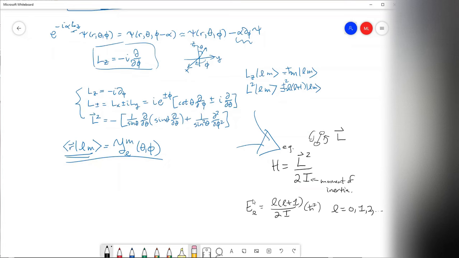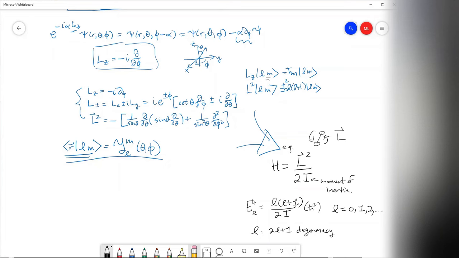Those are the energy levels of a little rotator, a little dumbbell with moment of inertia I that's rotating around. And the eigenfunctions will be the spherical harmonics. And you even know what the degeneracies are for each L level. There's a 2L plus 1 degeneracy because of the M's, right?